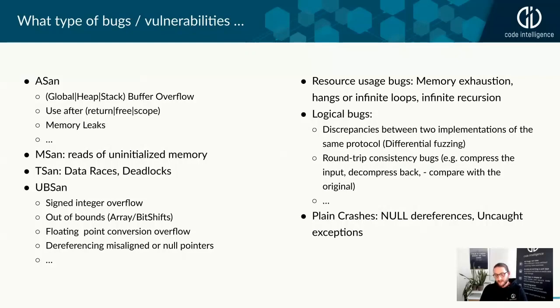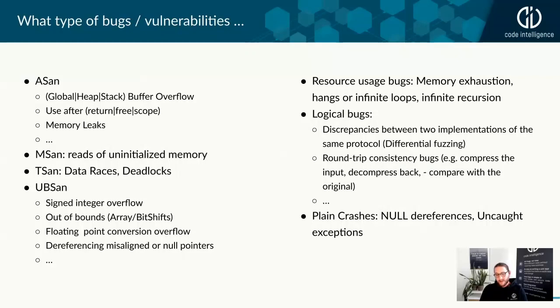The thread sanitizer is good for data races, deadlocks, this kind of stuff. And UBSan usually finds the undefined behavior things, which can be out of bounds with arrays and bit shifts, stuff your compiler can also find, but a little bit more going into the depth.